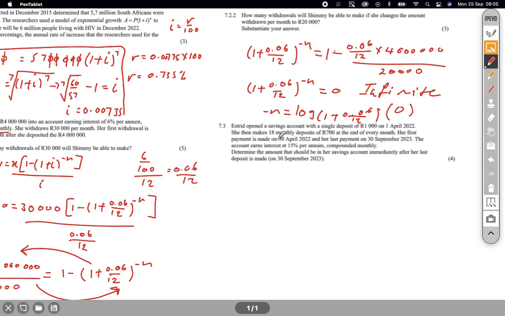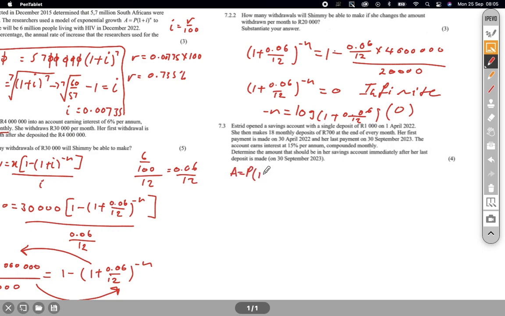Her first payment is made on 30 April 2022 and the last payment on 30 September 2023. The account earns interest at 15% per annum, compounded monthly. Determine the amount that should be in the savings account immediately after the last deposit is made on 30 September 2023. Okay, so let's first account for the single deposit.